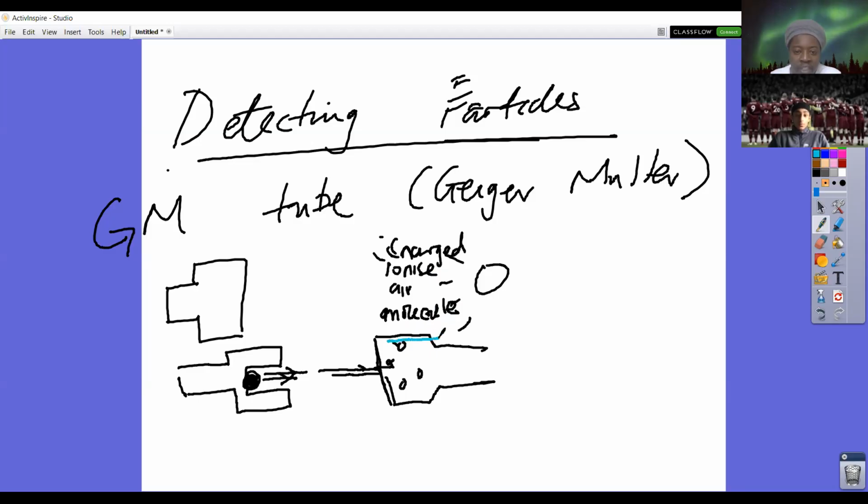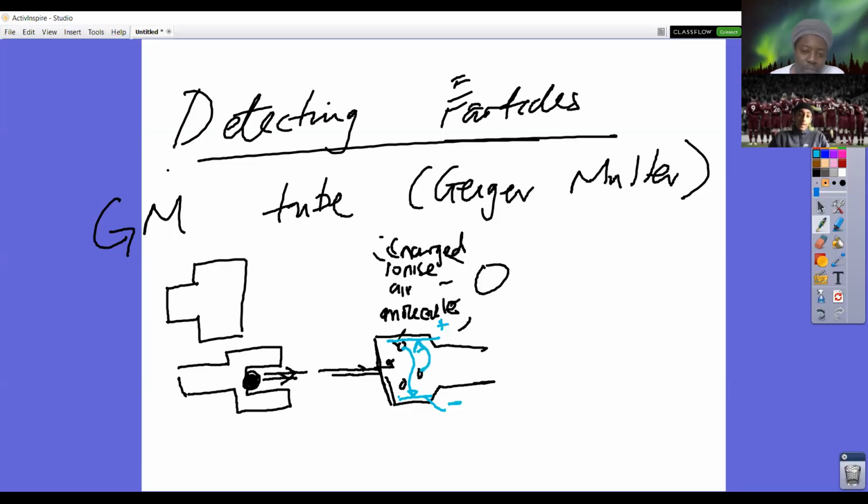Let's imagine a top side that's going to be positively charged, and a negative side at the bottom. When the alpha particles create a positive ion, the positive ion is going to be attracted to which side? To the negative charged side, isn't it? And a negative ion that the alpha particle creates is going to be attracted to what? The positive side.